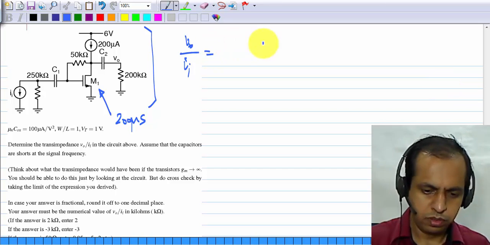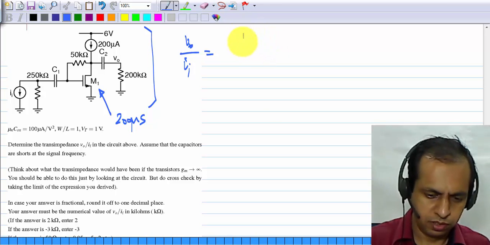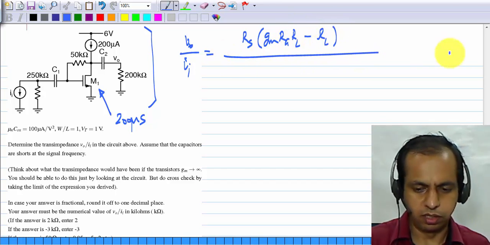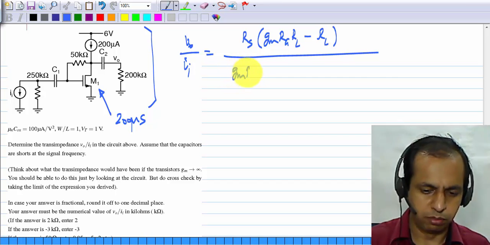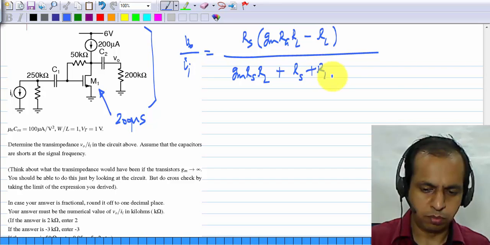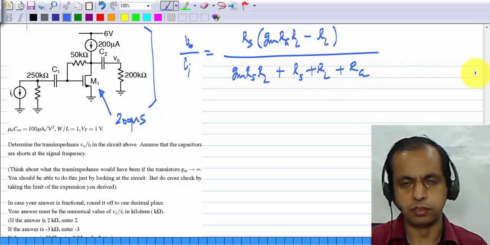So you'll find that the answer is Rs times (Gm Rg RL minus RL) divided by (Gm Rs RL plus Rs plus RL plus Rg).